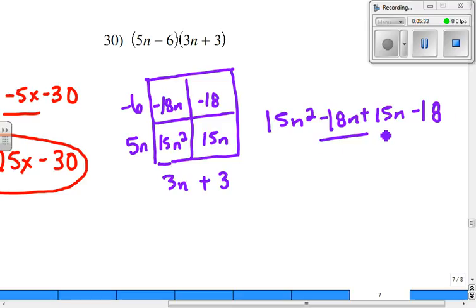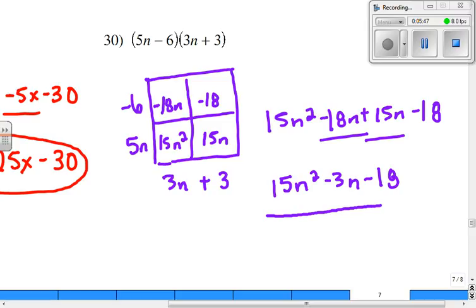We have a minus 18n and a plus 15n. 15n squared minus 3n minus 18. And that's our answer as a sum.